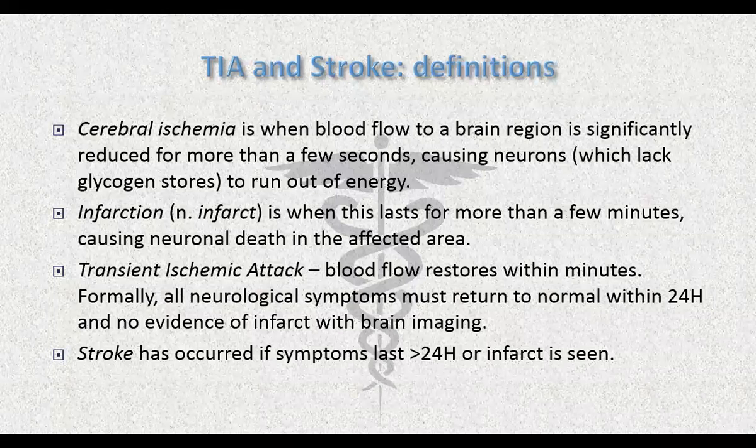There may be cases where there is in fact a small infarction, so a small area where brain tissue has been lost. However, it's sufficiently small and localized that it's not really giving rise to symptoms. And so this is why nowadays the formal definition of a stroke is either persistent symptoms or a clear infarct in brain imaging studies.